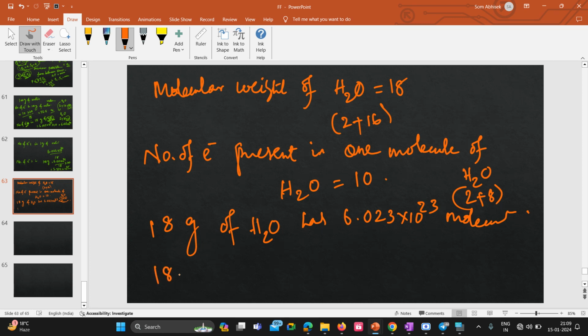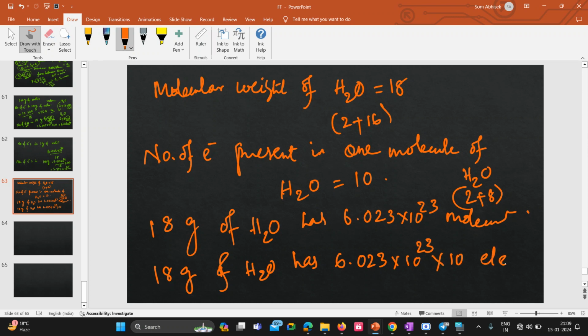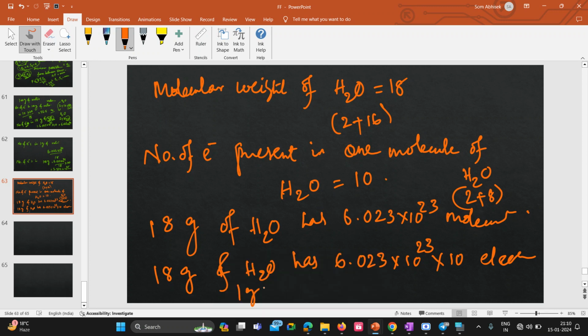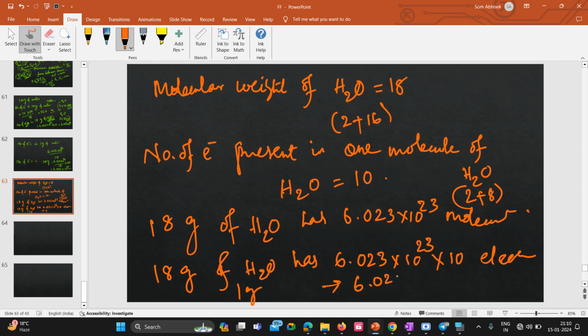But how many electrons? 10 electrons are there, so we'll multiply by 10. It has 6.023 times 10 to the power 23 into 10 electrons. Is that right? So this is for 18 gram. 1 gram will be 6.023 times 10 to the power 24 divided by 18.